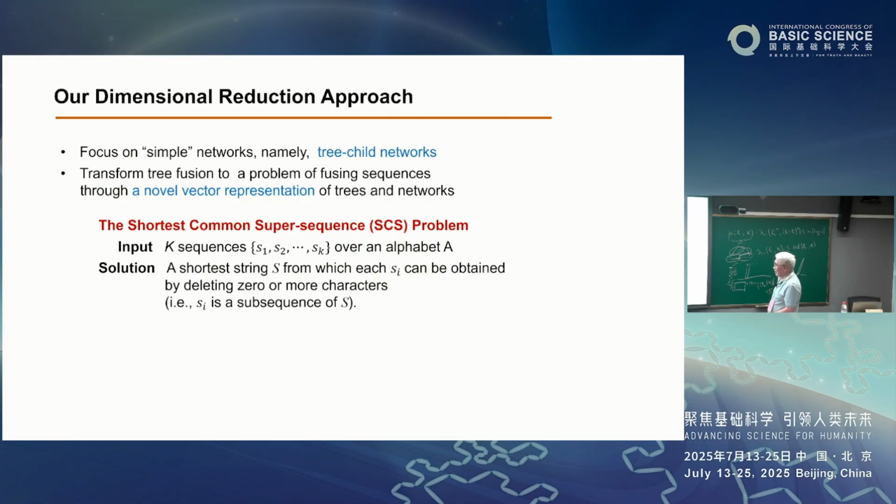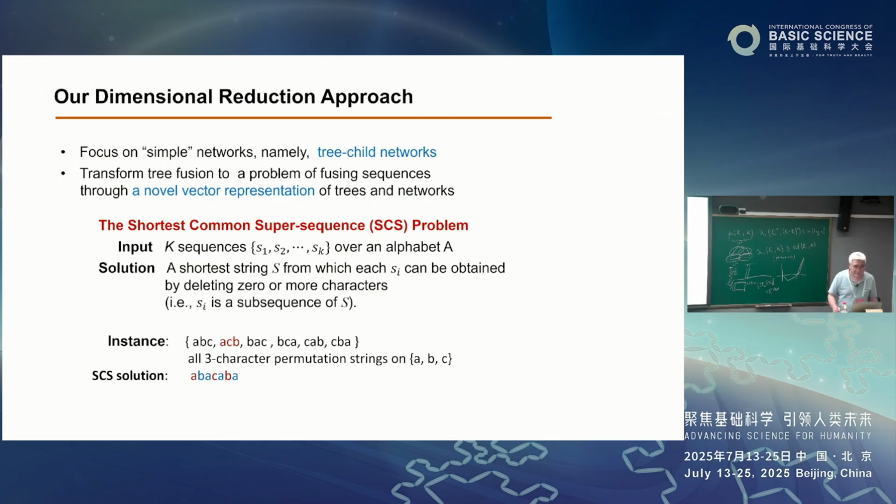In other words, each given sequence is a subsequence of S. This is an example. These are all the 6 3-character permutation strings on ABC. This is a solution. You can see this is how you obtain ACB from here, and you can obtain ABC here. So this is a solution.